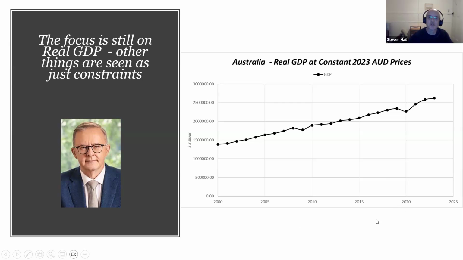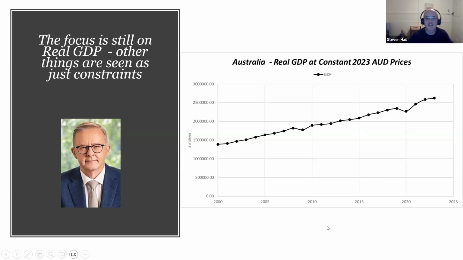You can see the dip in 2020. You can also see a dip in 2009. Well, officially, we didn't have that dread word, a recession, in 2009 because our real GDP didn't contract 2 quarters running. And that's how a recession has come to be defined in Australia and many other countries.